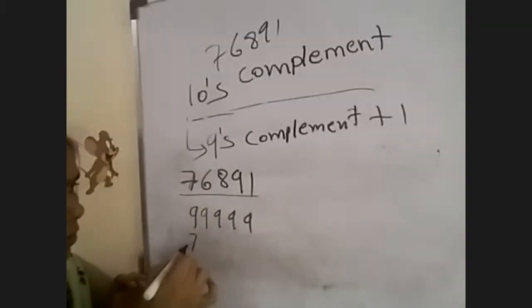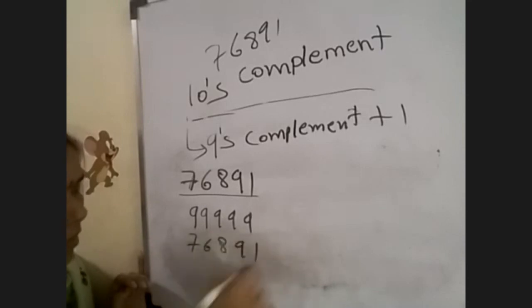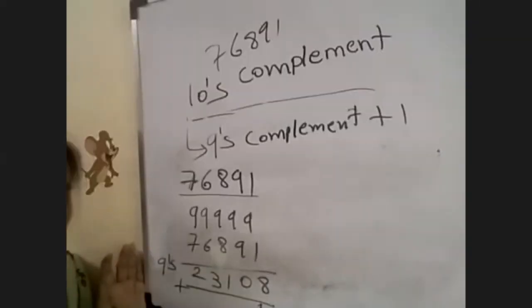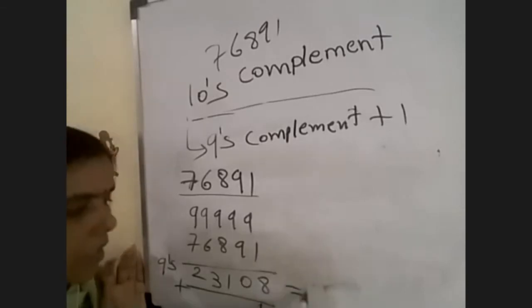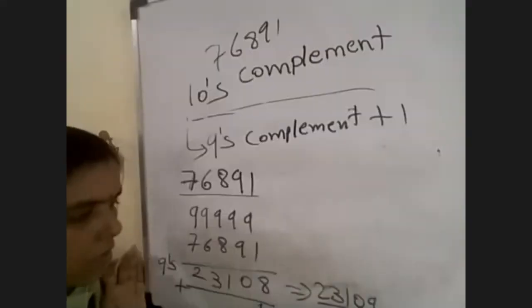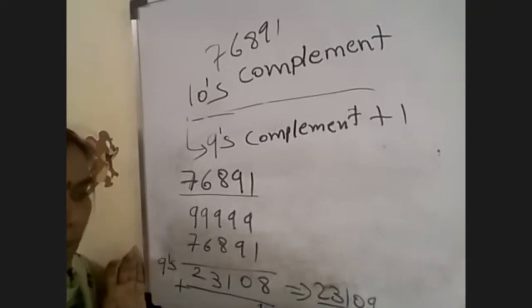So you place five nines and subtract 76891. That gives 23108. This is the nines complement. Then you add plus 1. The result is 23109. This is the tens complement representation.